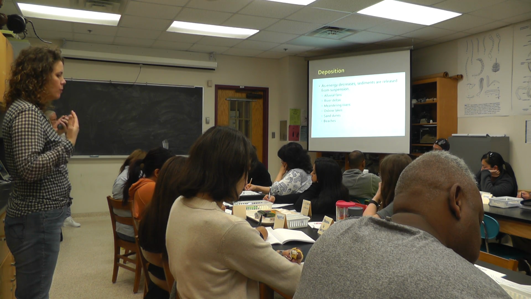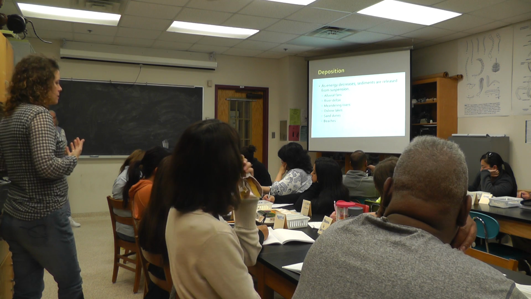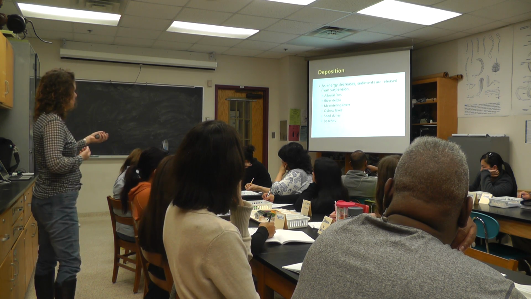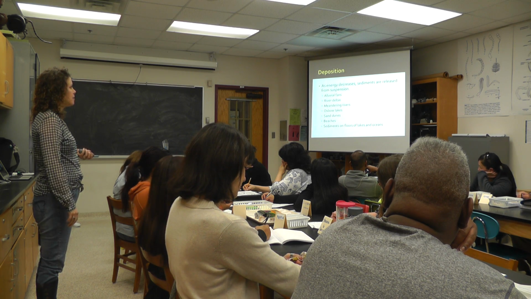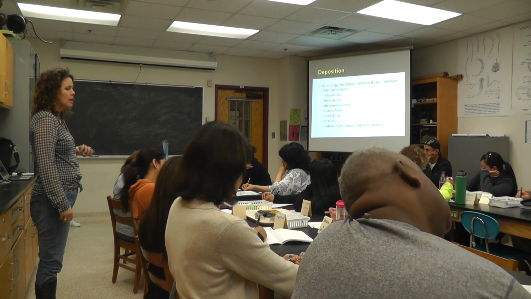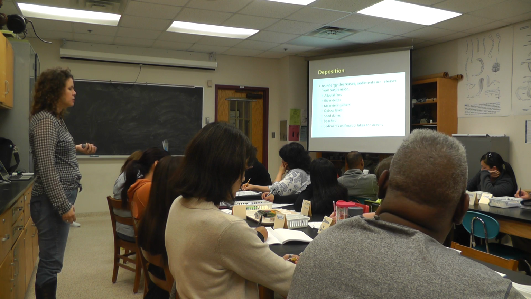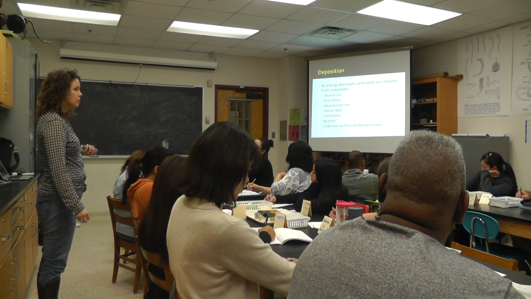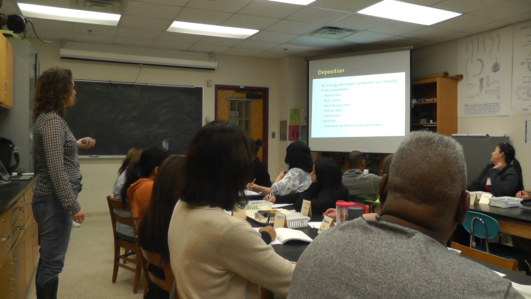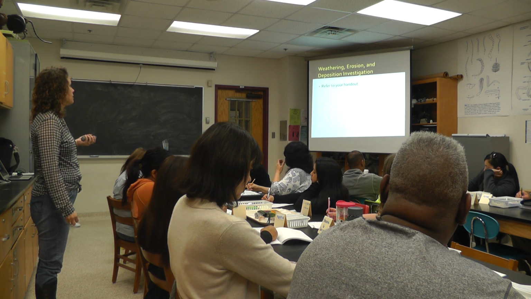Beaches are when sand is deposited onto the shore. And then last, we have the sediments on the floors of lakes and oceans. That's last because that's where the energy is lowest. So are those sediments going to be really large or really small? Small. So we have a lab that we're going to do.